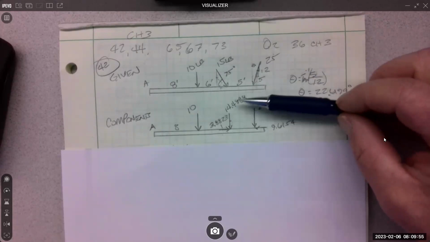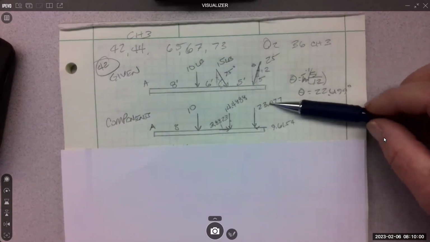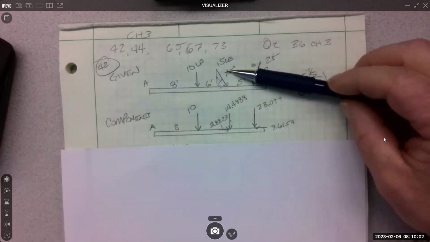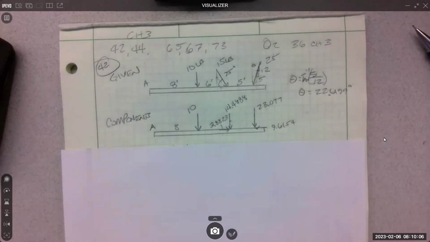You can double check just by looking at the vector: that's a lot of down, that should be big, that should be small. When are they the same? When it's at 45. If you have a vector at 45, then x and y are exactly the same.